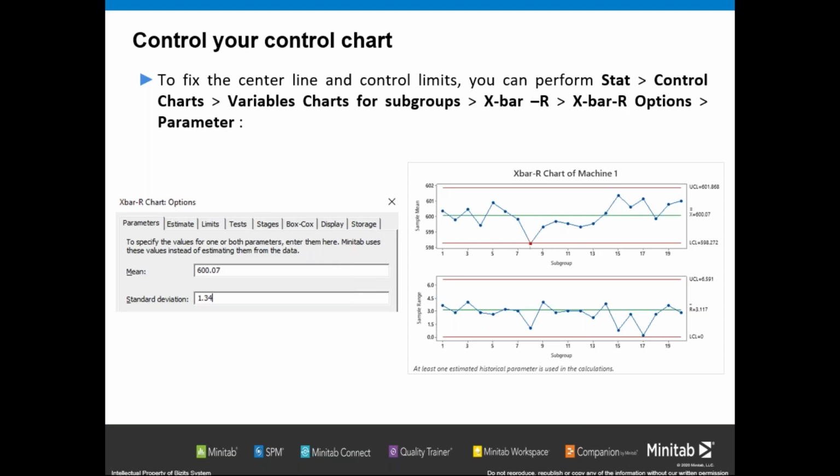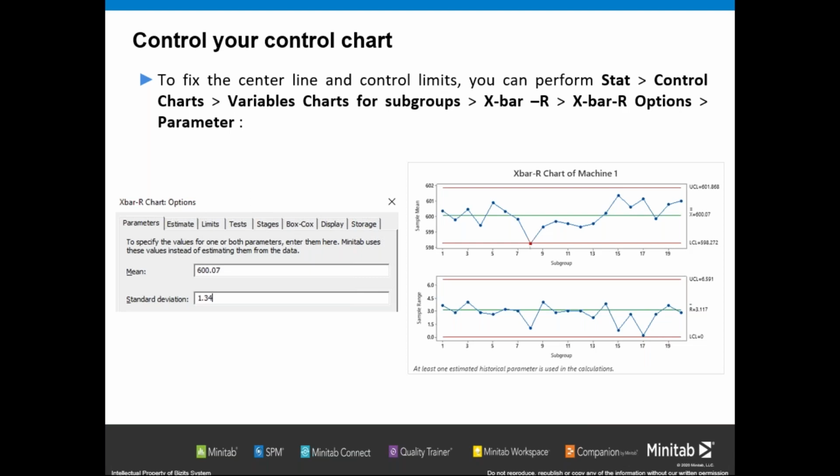You can perform this with these features. We call it parameter, meaning that you already have historical data. Okay, you already have your mean, you already have your standard deviation.